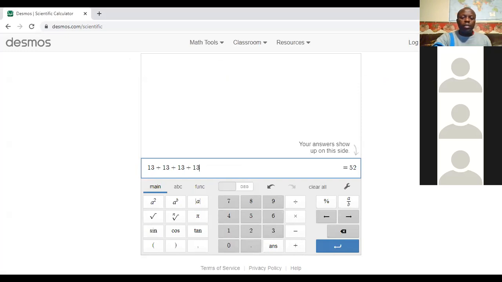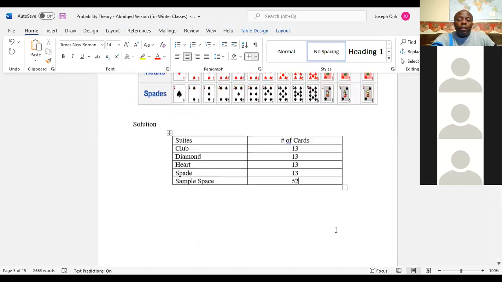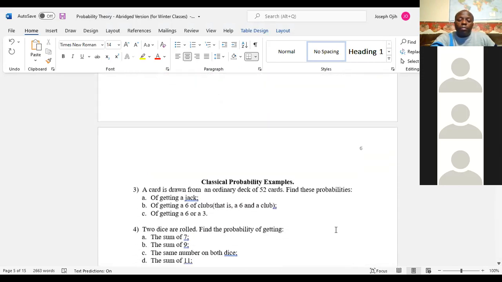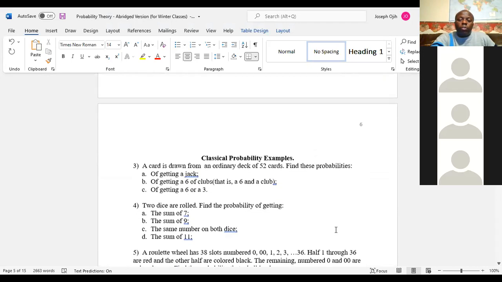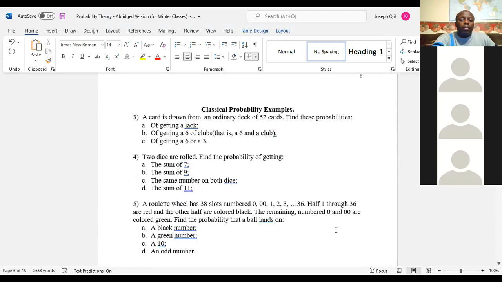So the sample space is 52 cards. That basically answers the question, so we can now solve examples on classical probability.